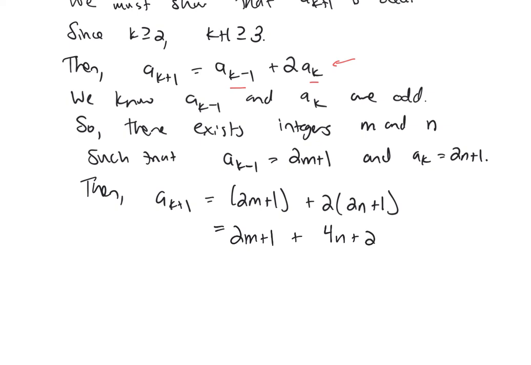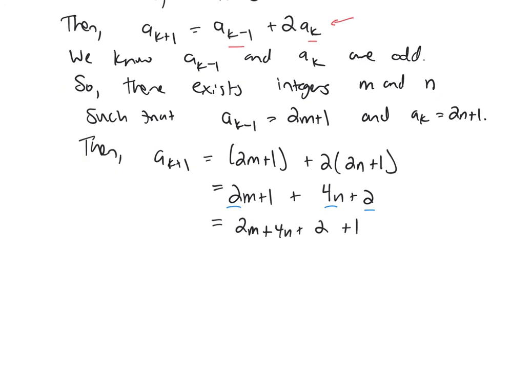Now I'm going to rearrange and pull all the multiples of 2 to the front: 2m plus 4n plus 2, and I still have that plus 1 at the end. Then from all of these I can factor out a 2: 2 times (m plus 2n plus 1), plus 1. So this is 2 times an integer plus 1.